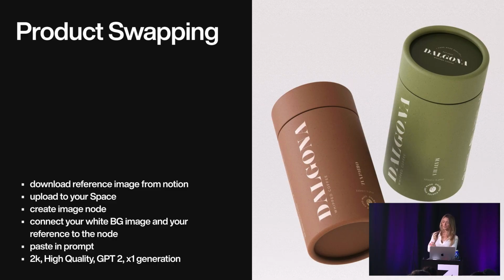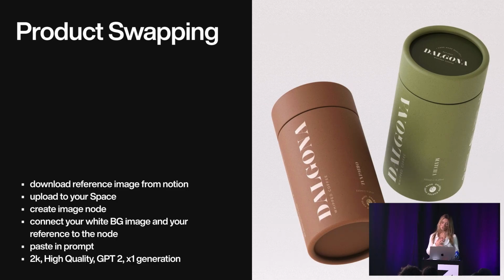What you would do is download this image from the Notion, then go back to that first white background photo that you have and connect this and the white background photo to another image node. Then you can paste in, I think it's the third prompt, including the booster.